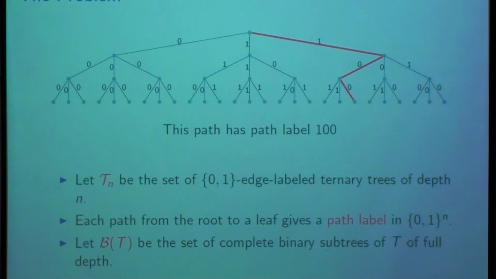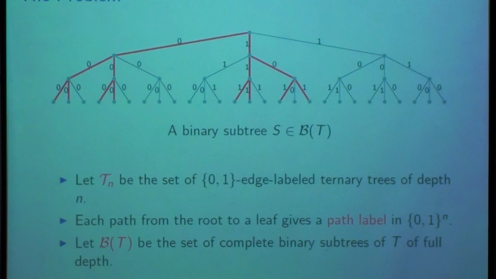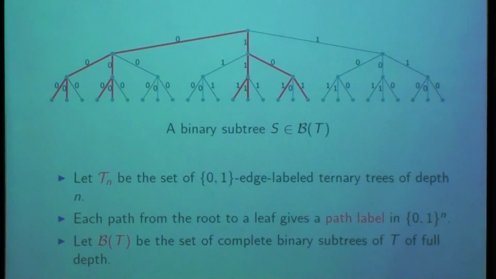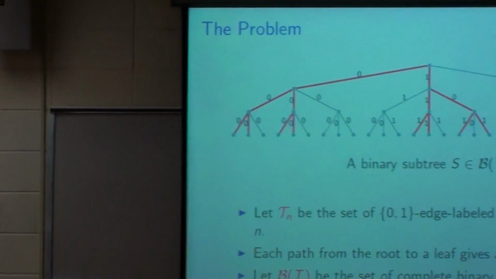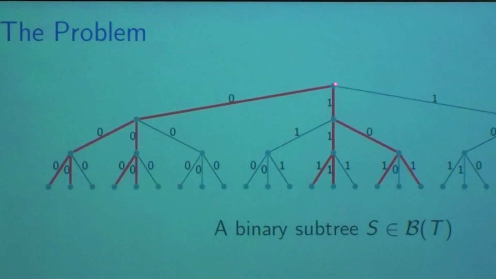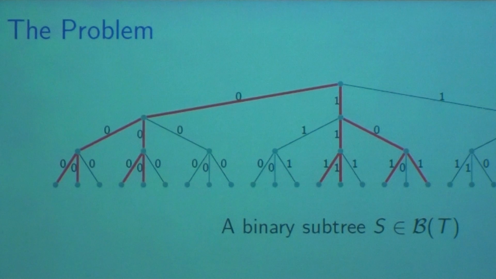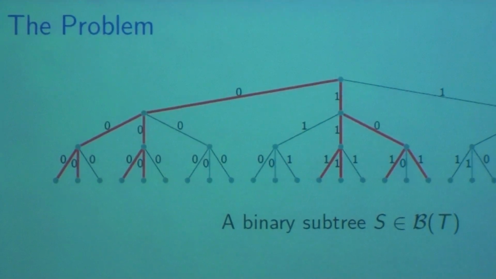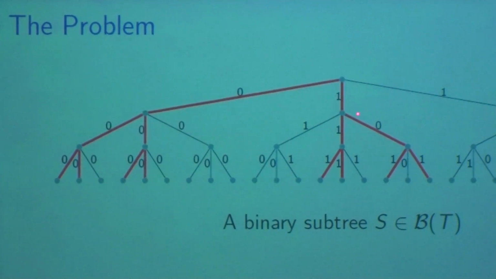So let me show you an example of one member of B of T. Here's an example of one such binary subtree. You notice that at the root we have 2 children. In fact, every non-leaf has 2 children. So that's how a binary subtree looks.